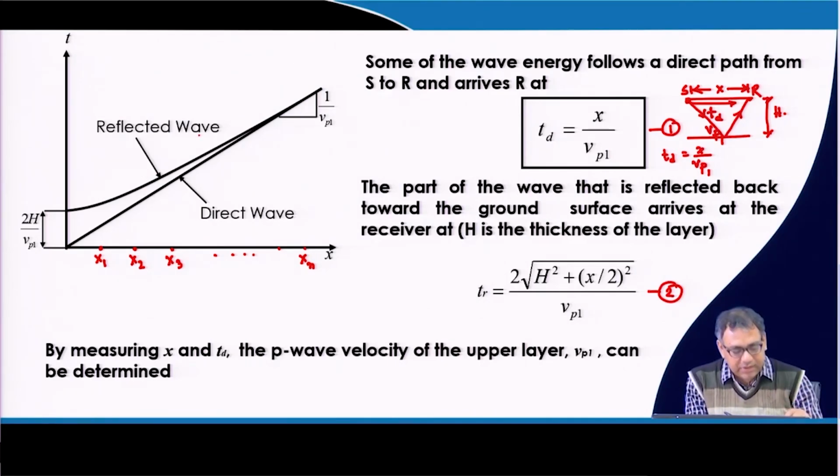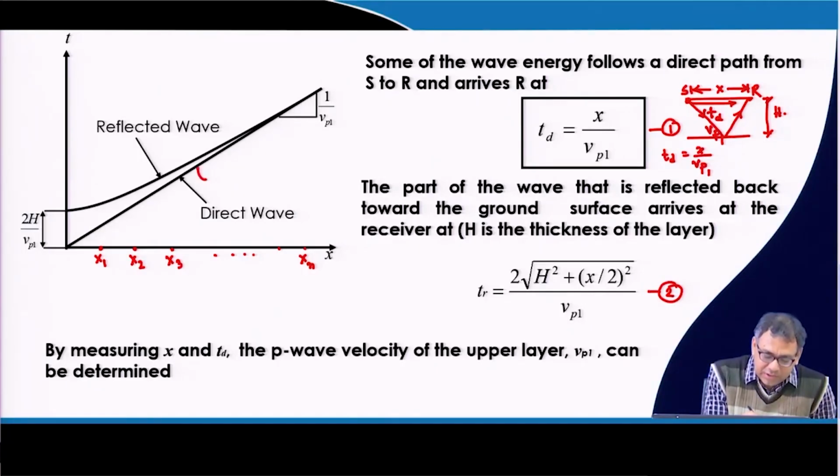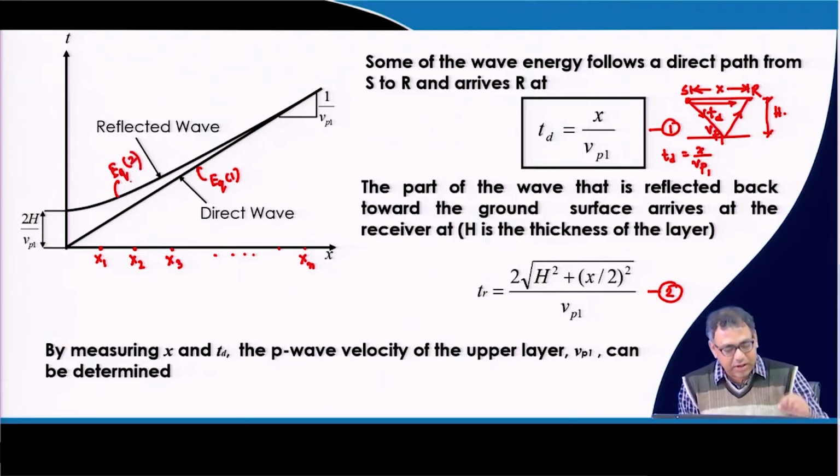We will plot the travel time for the direct ray for different geophones and the corresponding distance. So, this will give us equation number 1 and this will give us equation number 2. Again we will draw the travel time of the reflected waves and the corresponding distance. So, this way we will get these two curves.